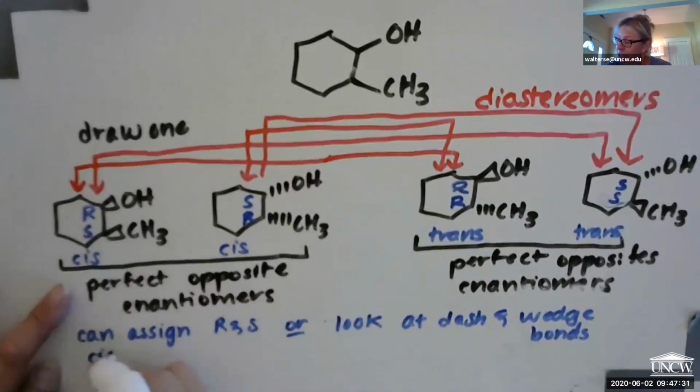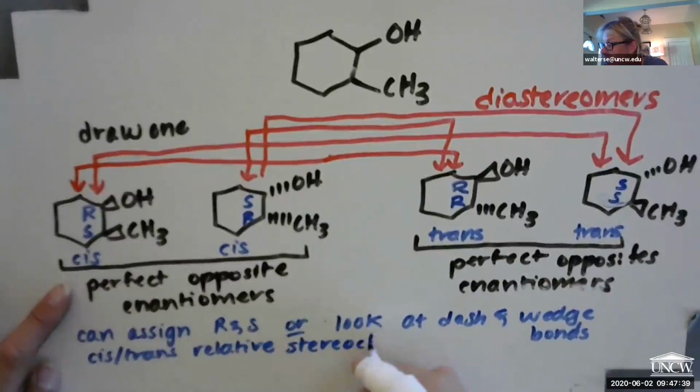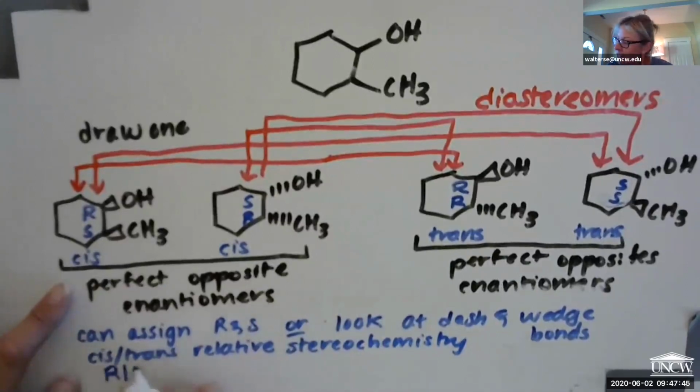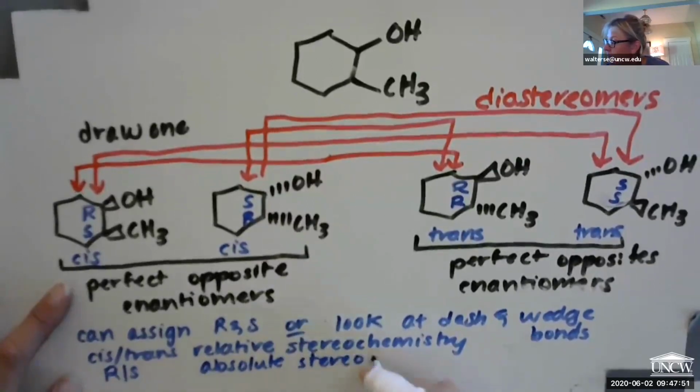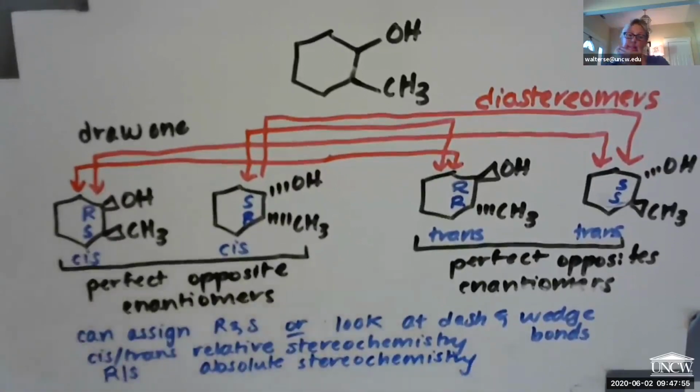Okay, so cis trans is relative stereochemistry. They're both correct. It's just two different ways to say the same thing. R and S, it's called absolute. All right.